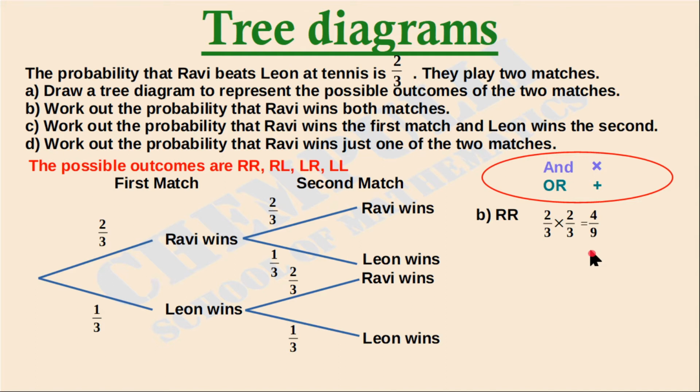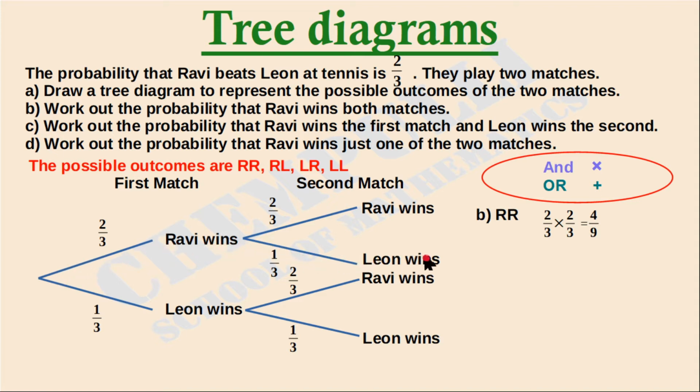Okay, then the next problem. Work out the probability that Ravi wins the first match and Leon wins the second. That means first match Ravi wins, and who wins the second match? Leon wins. This is that branch. Ravi wins the first match, then Leon wins the second match.